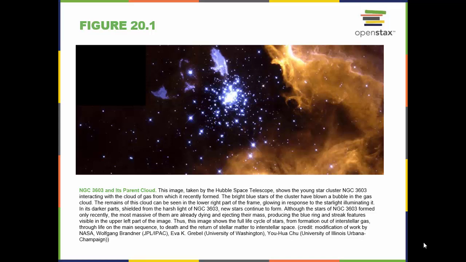In its darkest parts, shielded from the harsh light, new stars continue to form. Although the stars formed only recently, the most massive of them are already dying and ejecting their mass, producing the blue ring and the streak features that are visible in the upper left-hand corner.